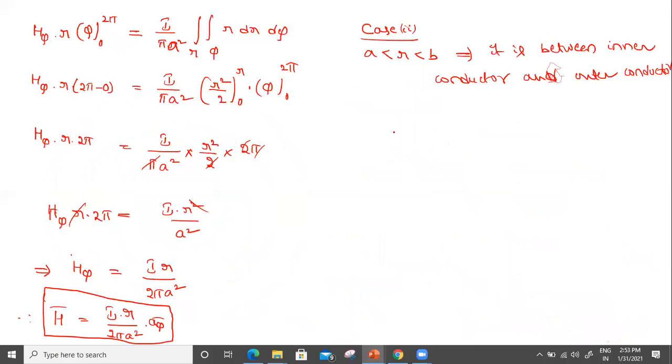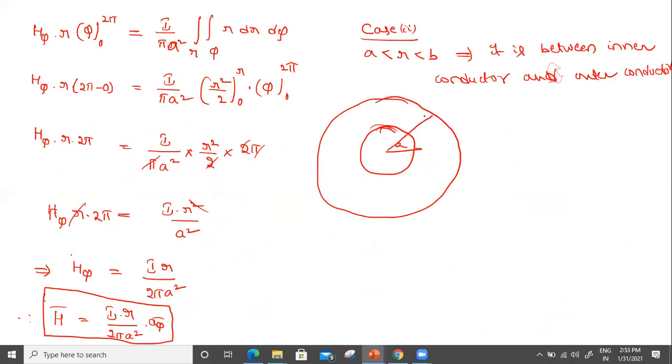This is the inner conductor, which radius is A. This is the outer conductor, which radius is B. So here it may indicate as inner conductor radius is A, outer conductor radius is B. The radius of magnetic field intensity is this one.